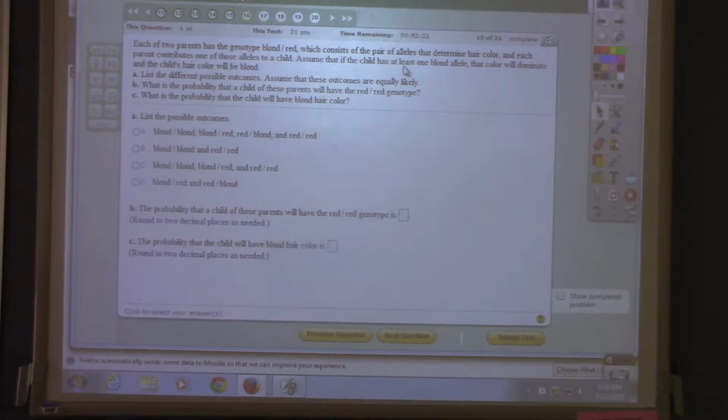Assume if the child has at least one blonde allele, that color will dominate and the child's hair color will be blonde. List the three different possible outcomes. Assume that these outcomes are equally likely. What is the probability that a child and parents will have red/red genotype? What is the probability that the child will have blonde hair?